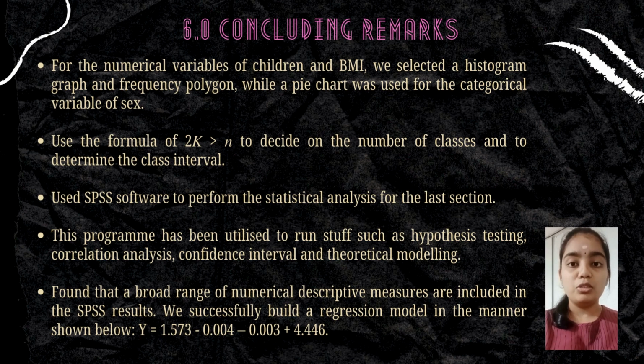We used the formula 2^k greater than n to decide on the number of classes and to determine the class interval. Based on the formula, there are 3 classes for the selected data for children. Meanwhile, there are 9 classes for the selected data for BMI. The class interval for children is 1 and for BMI is 4.